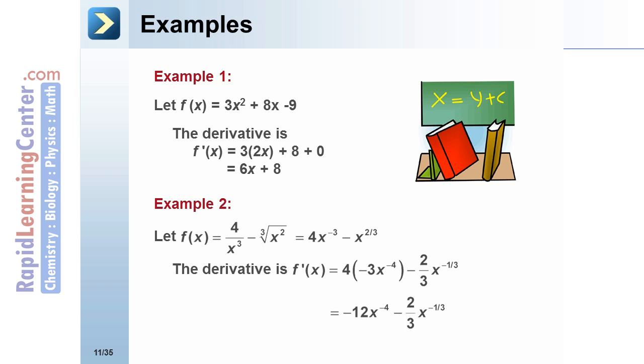This gets rewritten as negative 12x to the negative 4 minus 2/3 x to the negative 1/3 power, which becomes negative 12 divided by x to the fourth minus 2 divided by 3 cube roots of x.